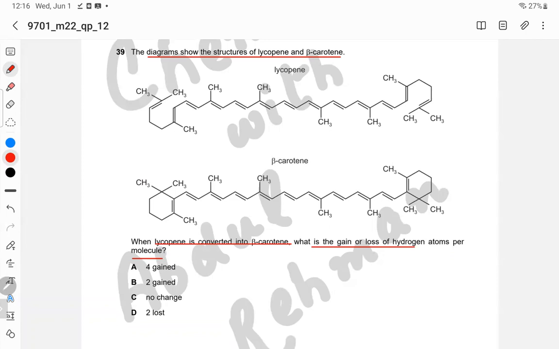If you see, you are going to observe a change at this position and at this position. And what is the change? That there is no bond, and then in beta carotene there is a bond over here. So can anybody identify what will be the answer?